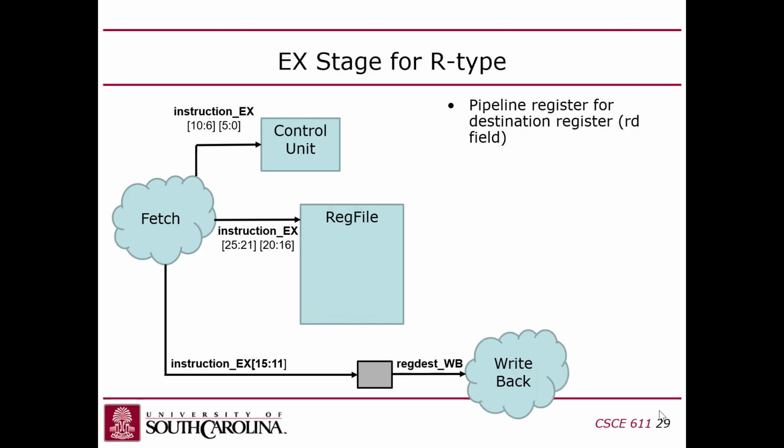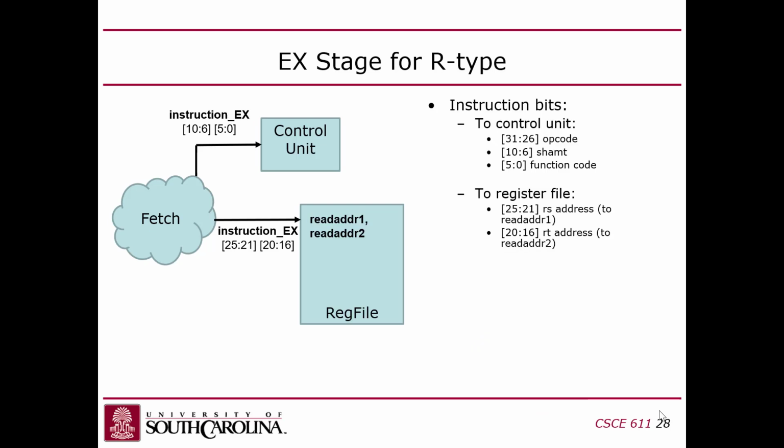Yes? What happens to bits 11 through 15? 11 through 15, that is the RD field. And that will go into the write address on the register file. I just haven't showed it yet. And the reason for that is because the write back is in a different pipeline stage, so you don't want to connect it directly. You want to actually pass that through a register. You want to delay.